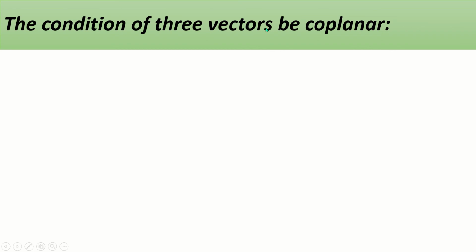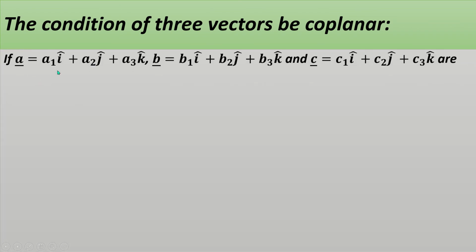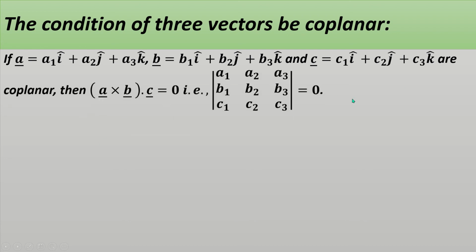The condition of three vectors being coplanar. That means if three vectors a, b, c are given and are coplanar, then a vector cross b vector dot c vector equals 0, that is the determinant a1 a2 a3, b1 b2 b3, c1 c2 c3.